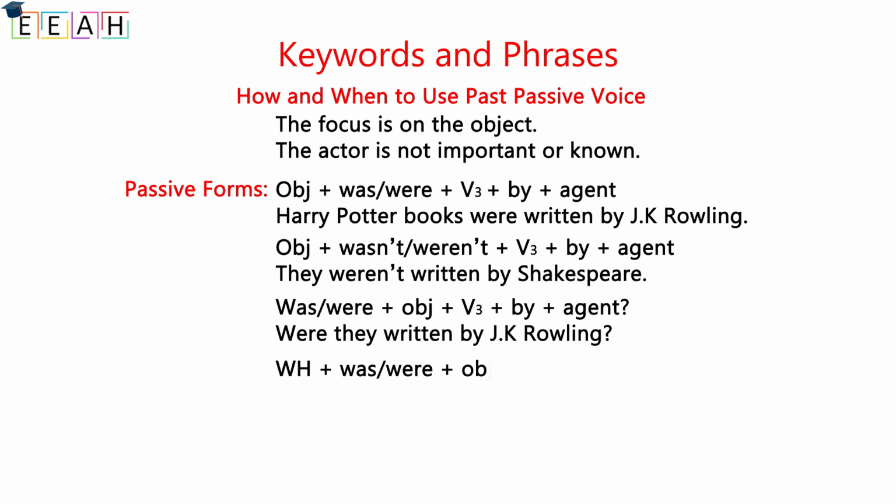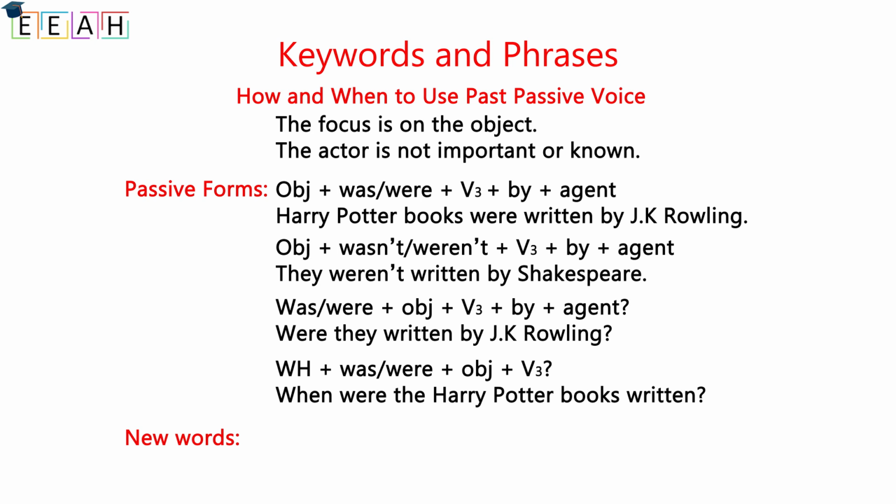And then was, were follows. Then the object is the next thing, and the past participle form of the verb. For example, when were the Harry Potter books written? We also learned some new words. Invent, design, build, discover, and create.